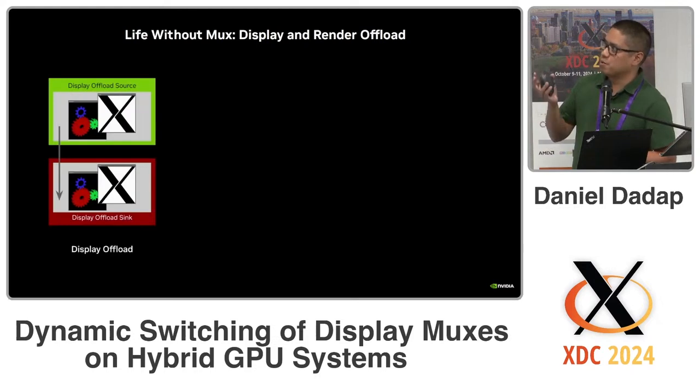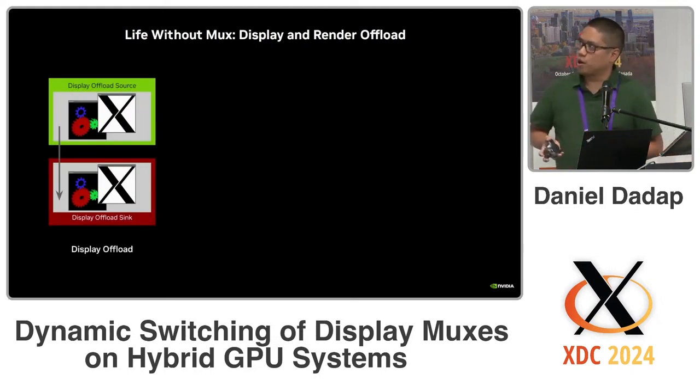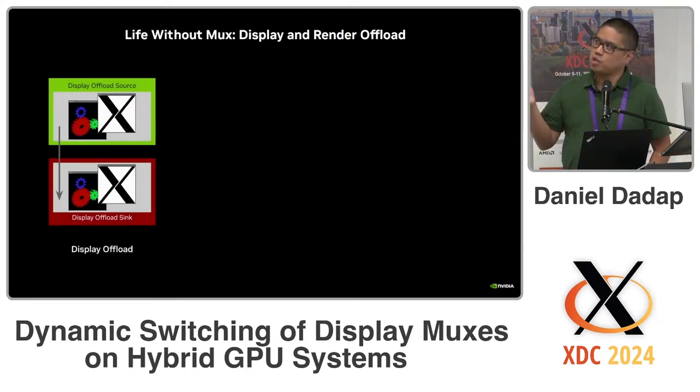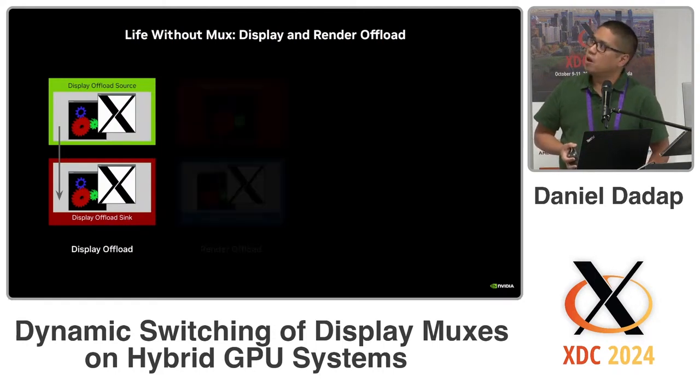We're probably all familiar with display offload. This is where you have one GPU acting as a display offload source, creating a full screen frame buffer that then gets exported for another GPU to consume as a display offload sink. And the display offload sink then does the scan out even if it's not doing any rendering of its own.